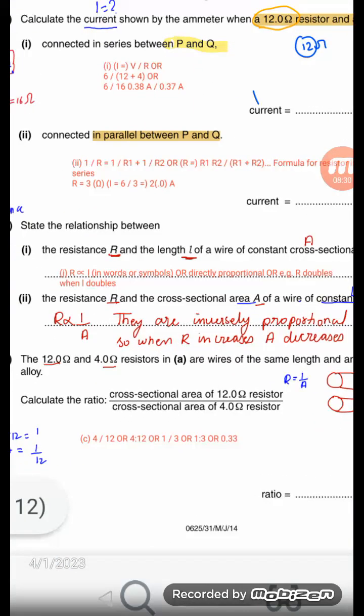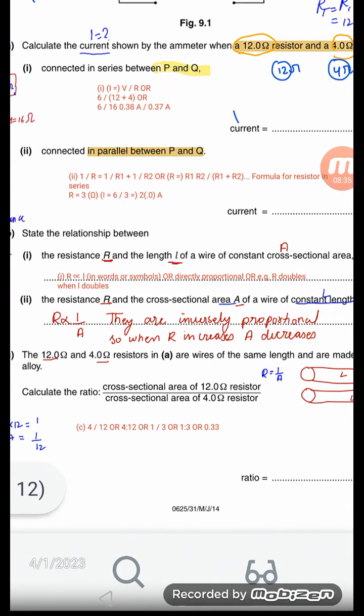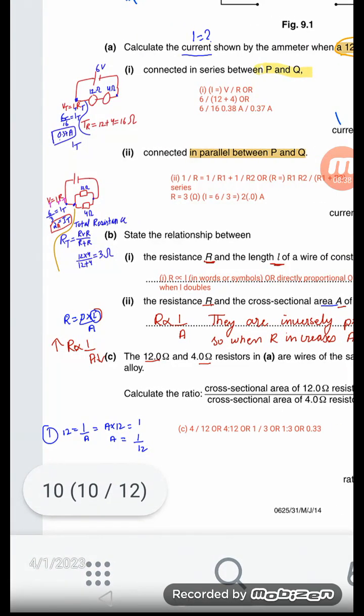Okay, in this question, look at resistance R and the length of wire. So you know the formula of resistance, resistivity.